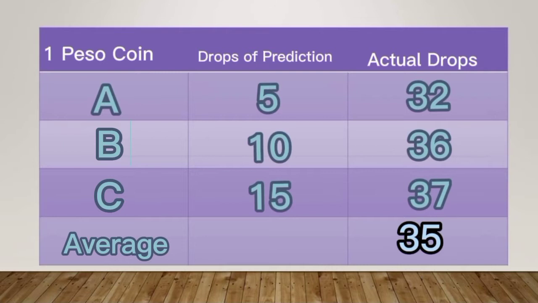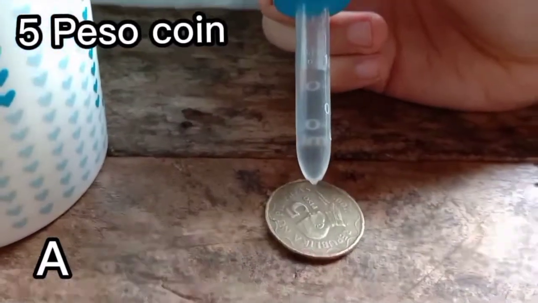So we have 35. This time, we use the 5 peso coin.